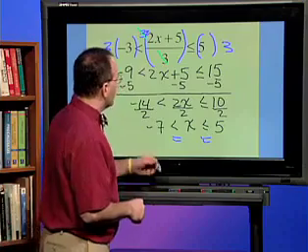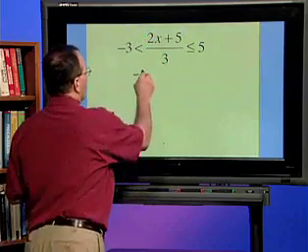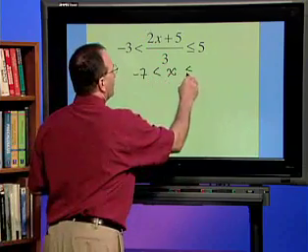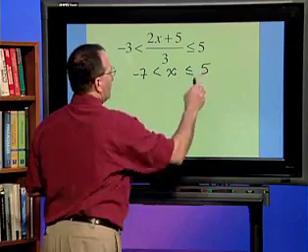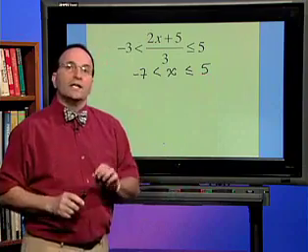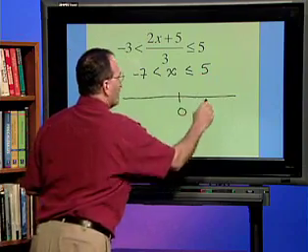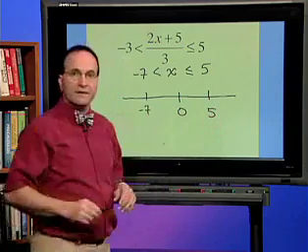So let me clear the screen and rewrite my solution, which was negative 7 is less than x, which was less than or equal to 5. And now we draw the number line. Here's 0, here's 5, and here's my negative 7.